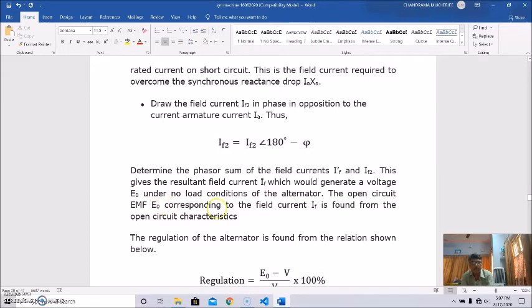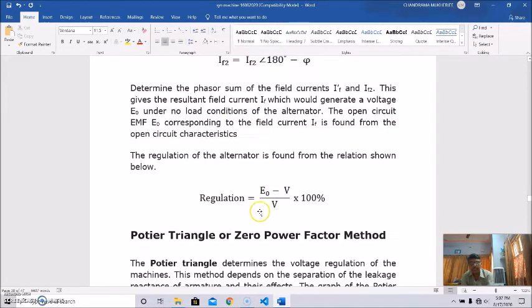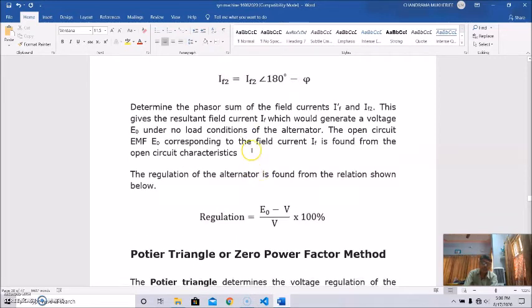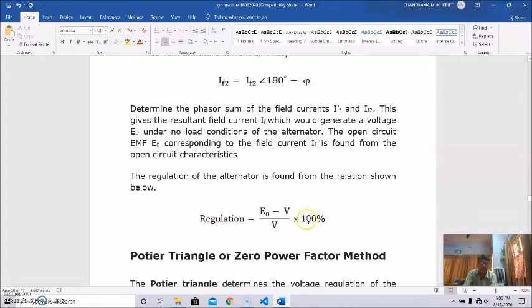This EMF E0 corresponding to the field current IF is found from the open circuit characteristics, and the regulation of the alternator is found from E0 minus V by V into 100%. We are getting all this in terms of ampere turns, and that's why it is called the MMF method or ampere turn method. Okay.